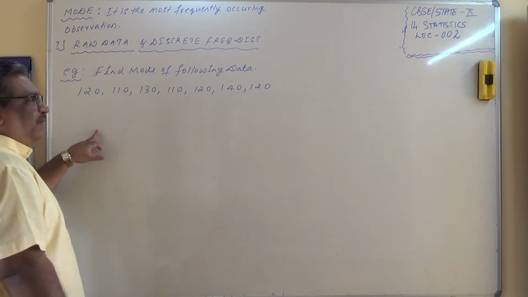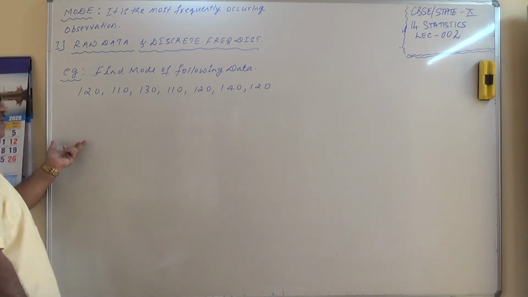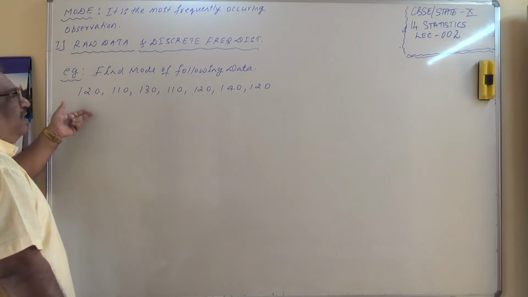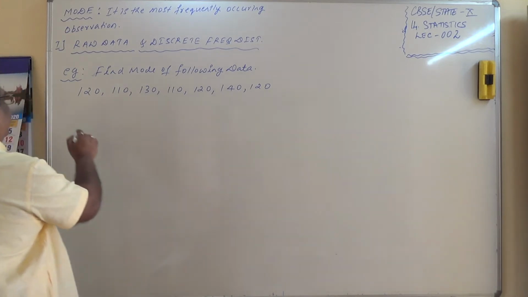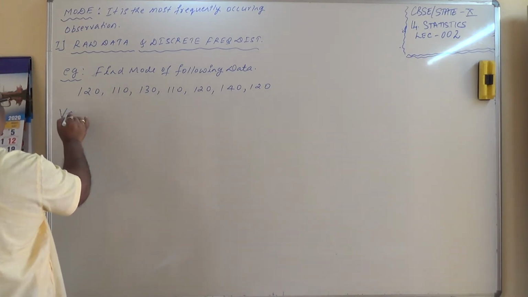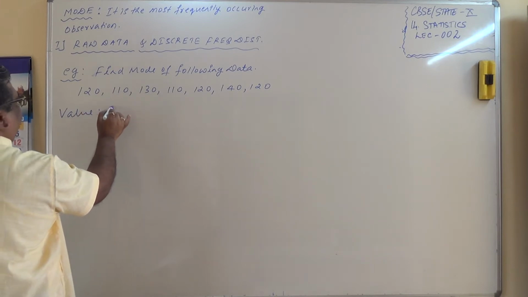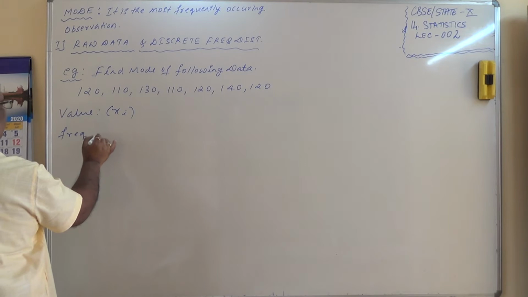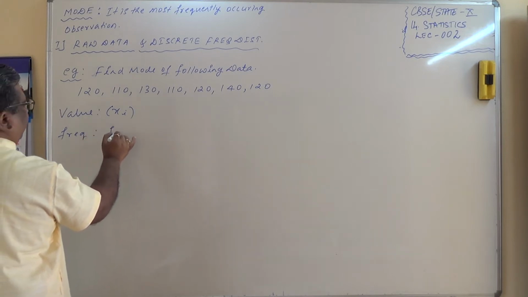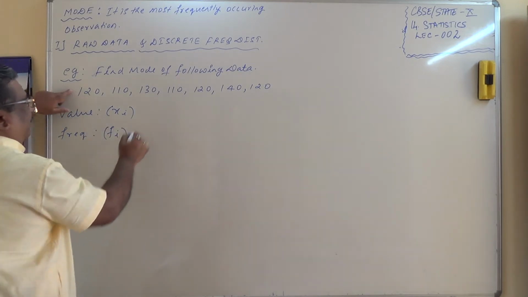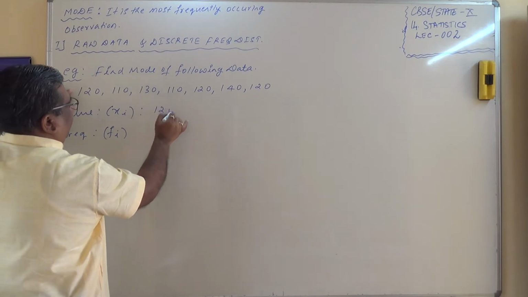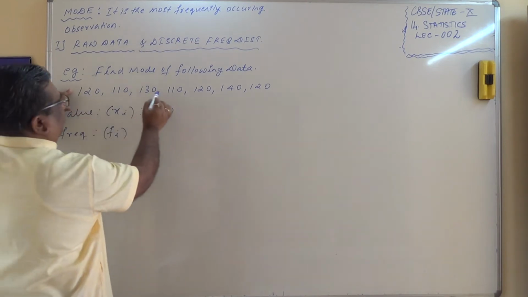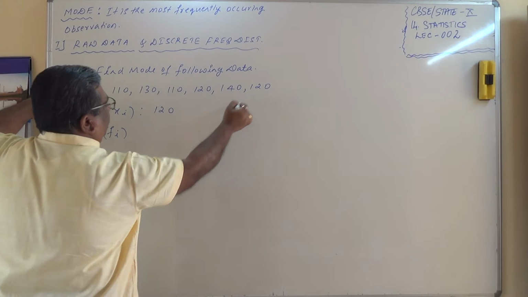Then it is very easy to decide what is the mode of this distribution. So the value is generally xi and frequency is fi. First I'll write 120. How many times? 1, 2, 3.